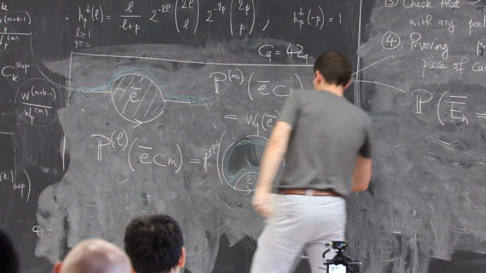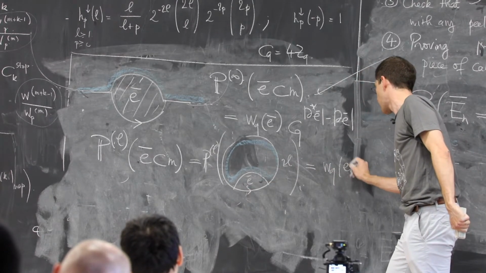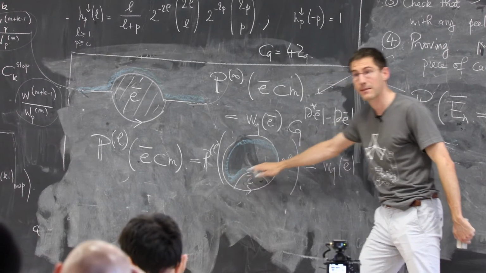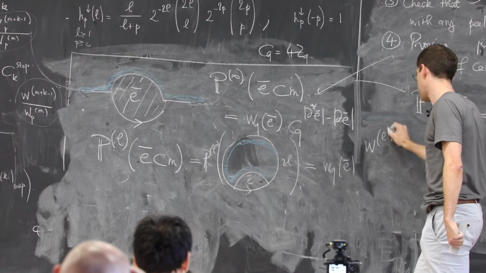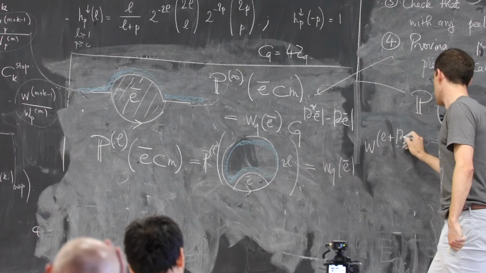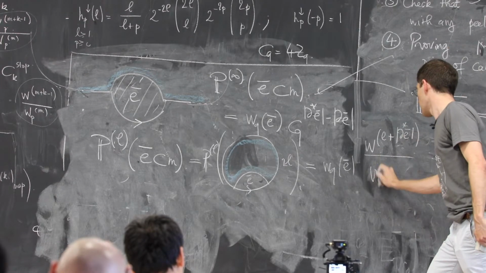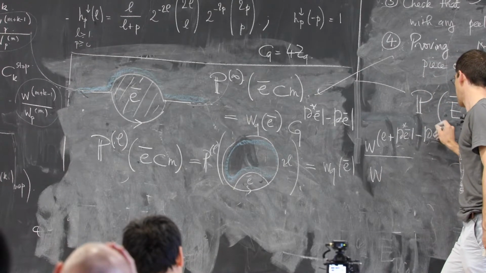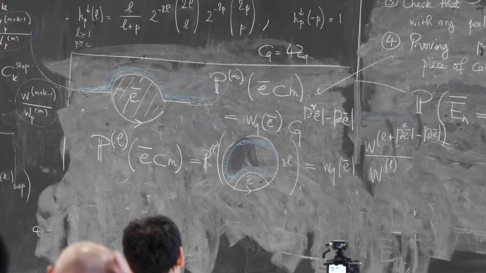So I need to put the weight of the faces here. The weight of the faces here is just W of E bar. And now I need to put a map with the proper perimeter here. So what is the proper perimeter here? It's W of L plus the external boundary here, divided by W of L. Why?